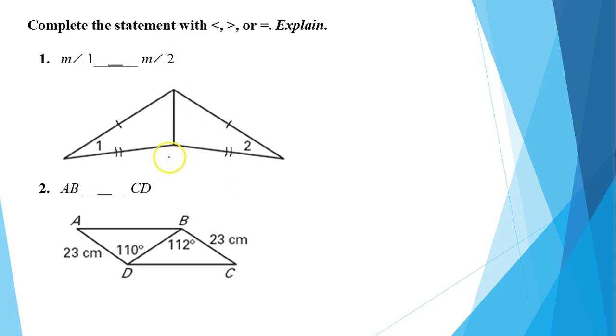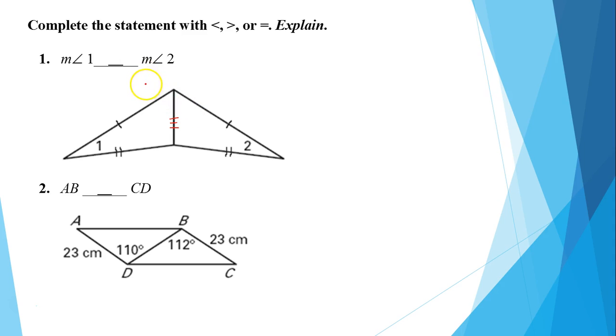Let's go ahead and take a look at one. We have angle 1, angle 2. We know that these two sides in our triangle are congruent, and then these two sides are congruent. Well, we also know that their common side is congruent.